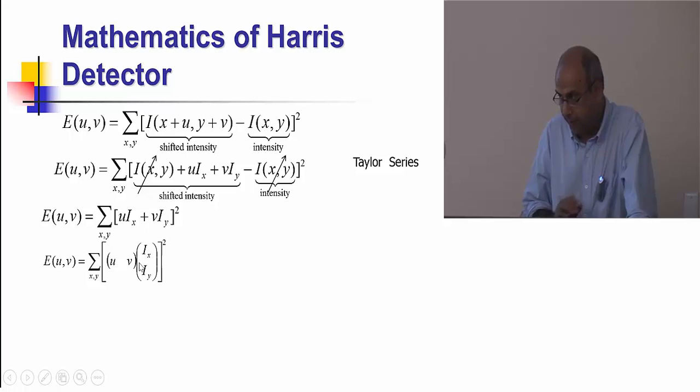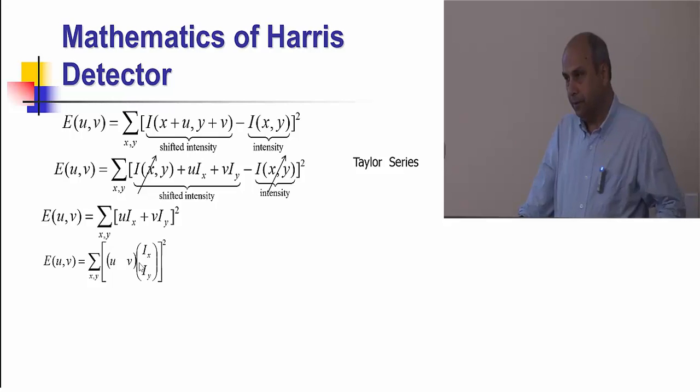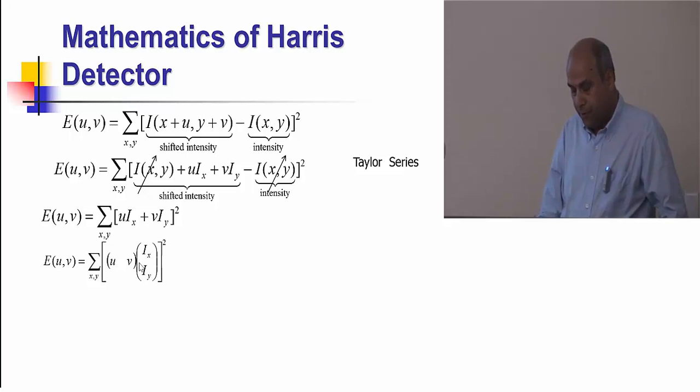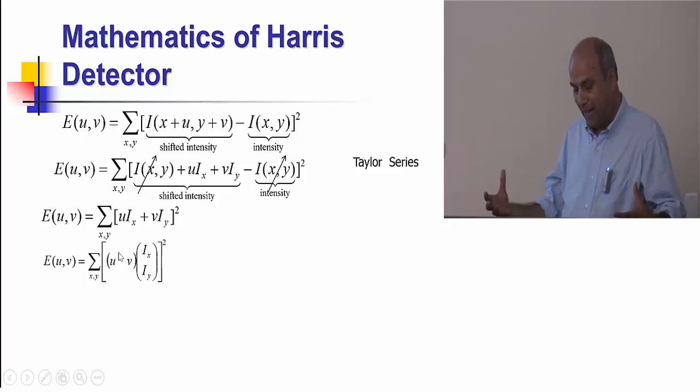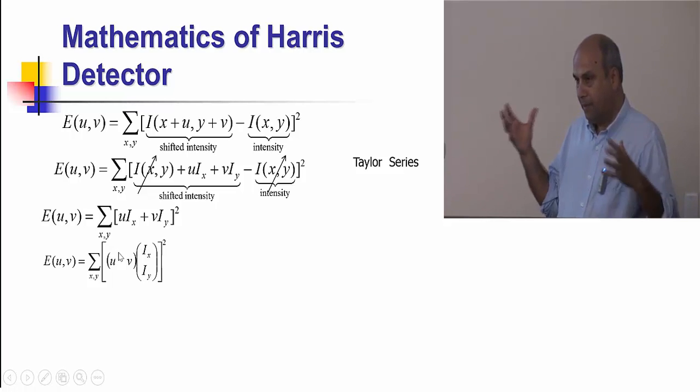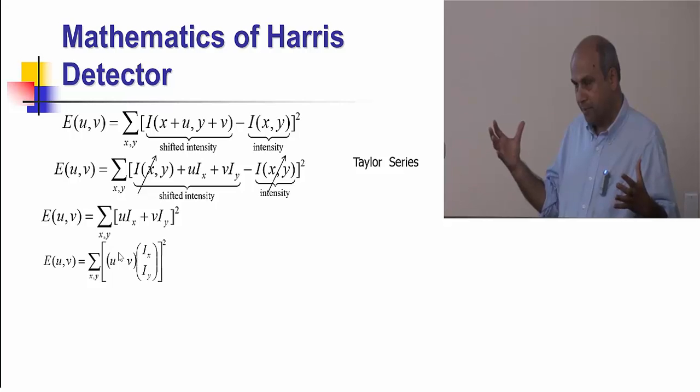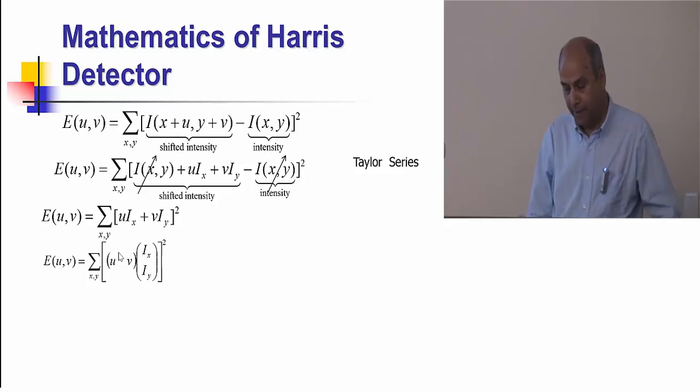So this is the same thing as here. That's what we want. Now this is a square, so we multiply this with itself. Whenever you multiply a vector with a vector, you have a transpose. So that's why you can do that.